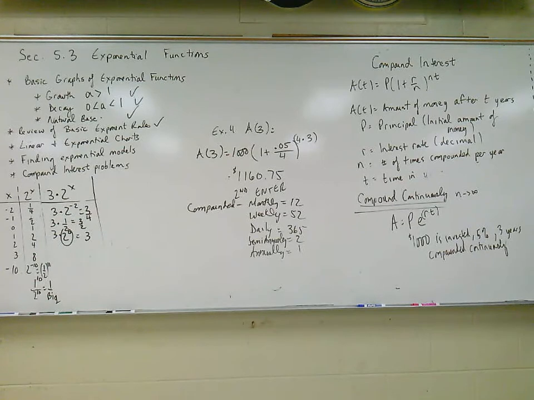I messed up. Yeah, it's okay. I'm just letting you know your answer should be a little bit more than what you have there. So maybe a little bit under 1,200? I put 463. Make sure you're doing 0.05, make sure you're putting 1,000. Your answer should be bigger than $1,160.75.